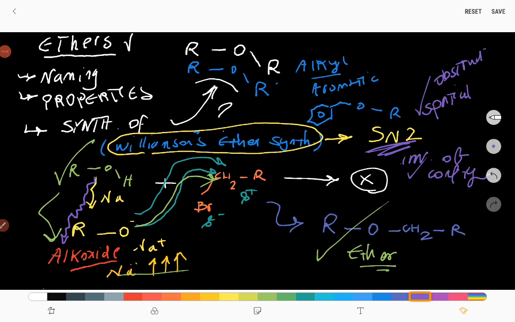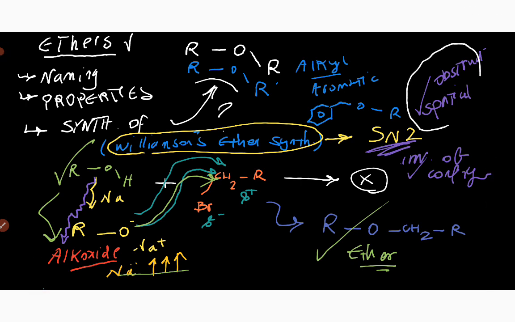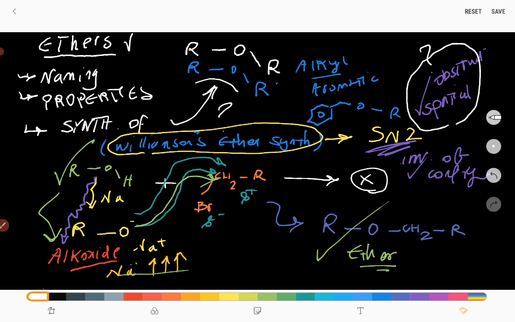So here's the question: what do we mean by spatial obstruction in the Williamson ether synthesis? Let's talk about it.